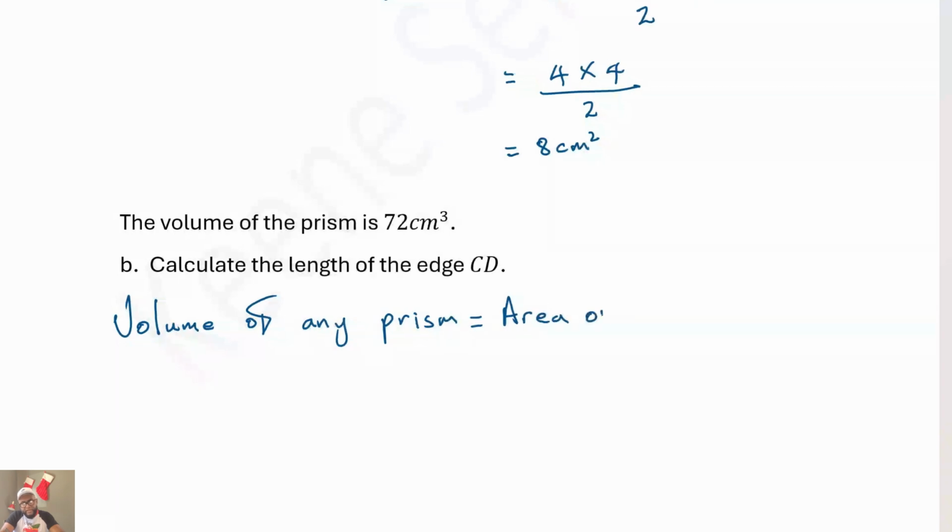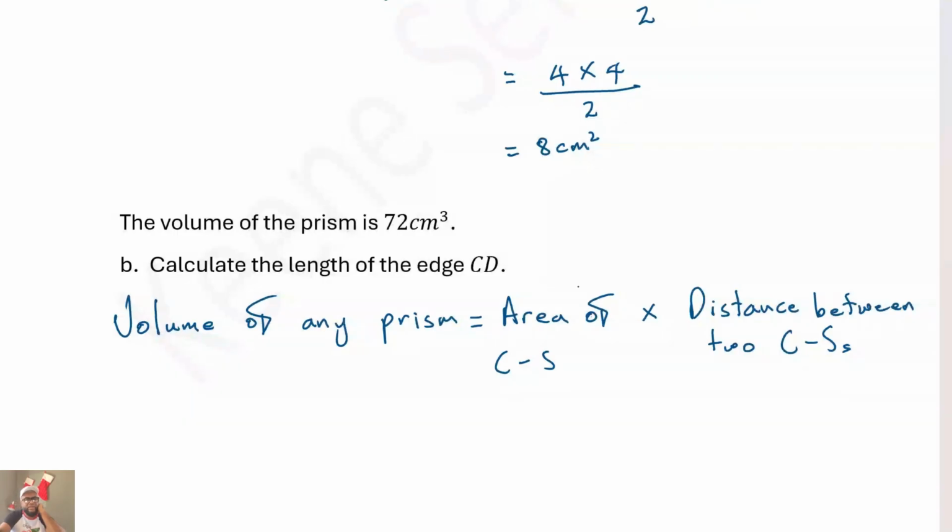Area of cross section multiplied by distance between two cross sections, right? Okay, everybody good there?